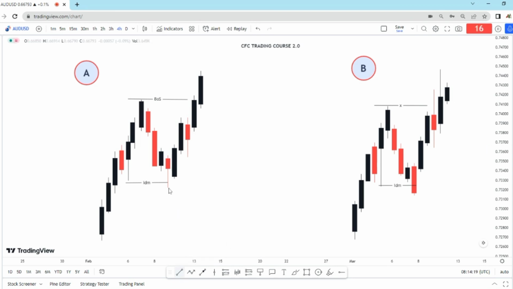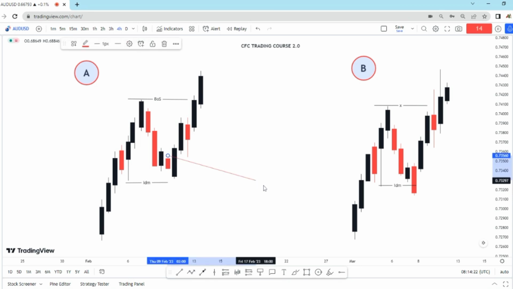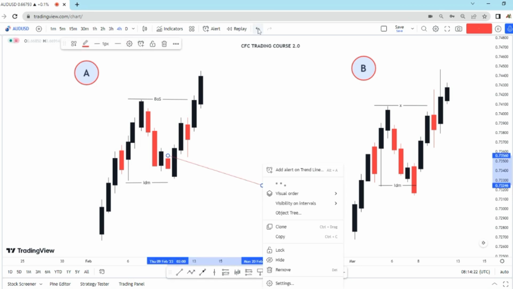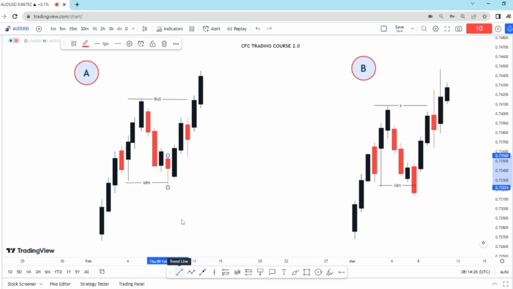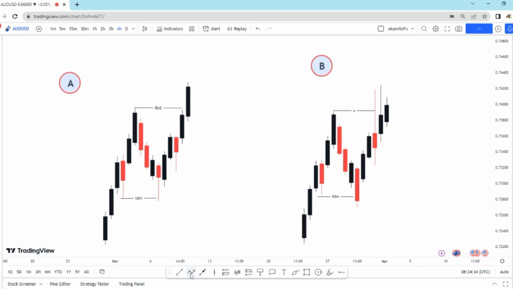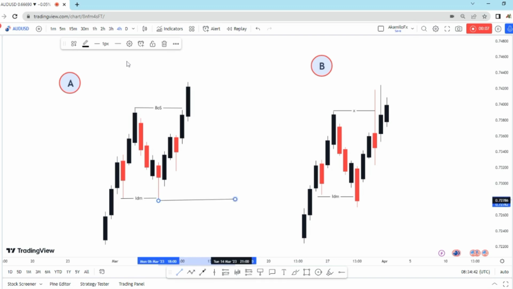That is this particular low, our main low. In an uptrend, price needs to take this low as well, and that will give us a change of character.